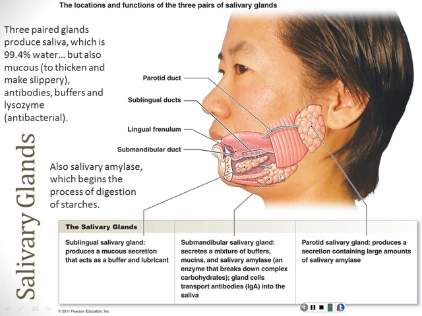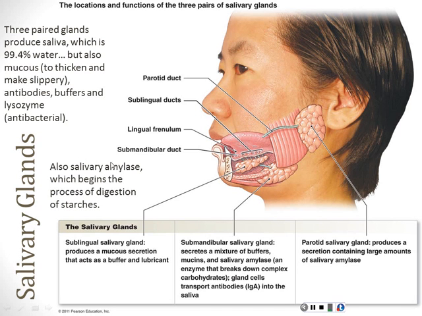In patients who have chronic dry mouth conditions where they don't make enough saliva, their teeth are almost doomed to rot because there aren't these buffers and antibodies to control the bacterial population in the mouth. And then the saliva also produces a substance called lysozyme, and it is just plain and simple antibacterial. It's almost like soap in that it's very effective at destroying bacteria.